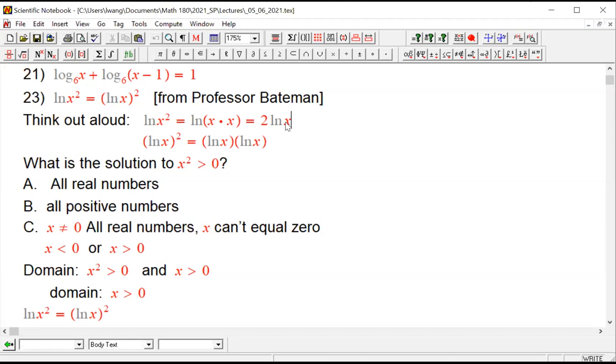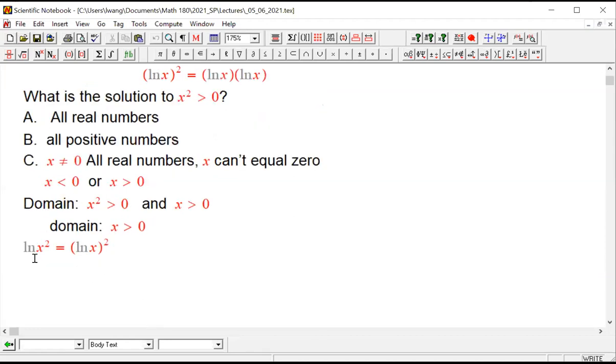You're going to get ln x plus ln x, so you still end up with 2 times ln x. No difference. So now with that in mind, on the left-hand side, we're going to get 2 times ln x equals ln x squared.